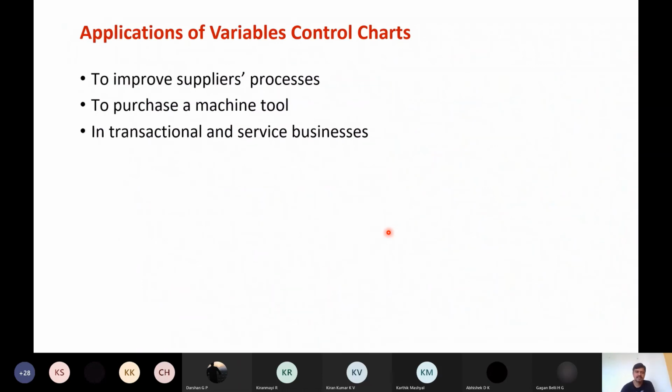Next, applications of variable control charts. In the textbook, they have considered a few case studies where they make use of these control charts to address some problems. These three are there in the textbook. You can read if you are interested. One is they have applied control charts to improve suppliers' processes.